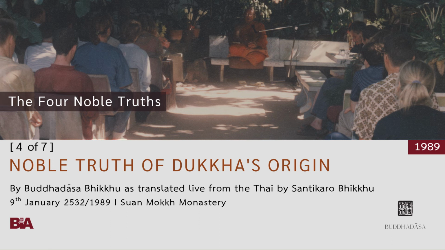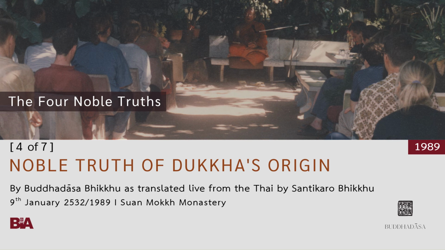Now what we've just mentioned are three characteristics of tanha, but they're not different kinds of tanha. However, tanha itself, which has these three characteristics, can take three different forms. The first is kama tanha, which is craving for sensuality, for sensual pleasures, basically craving to get.